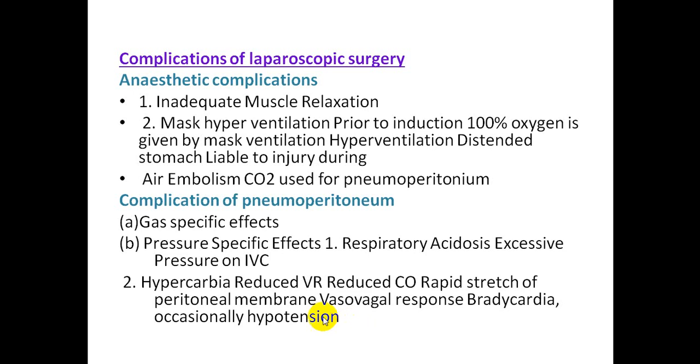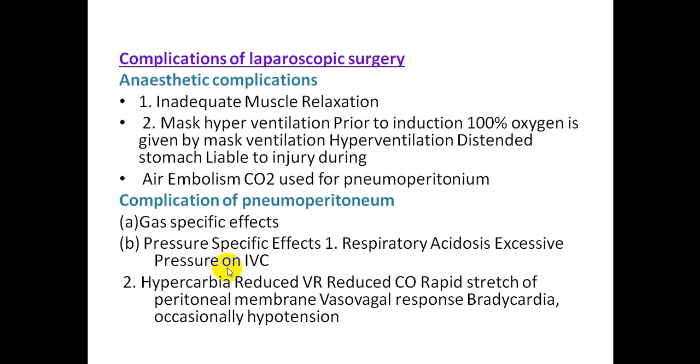Another complication is anesthetic complication, as with any surgical procedure: inadequate muscle relaxation, mask hyperventilation, air embolism. Others are also related to anesthesia complication of pneumoperitoneum: gas-specific effect and pressure effect.